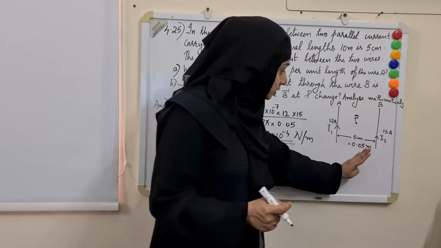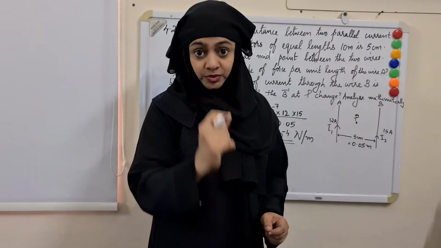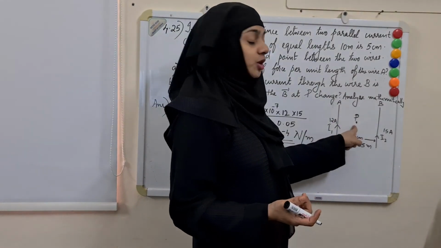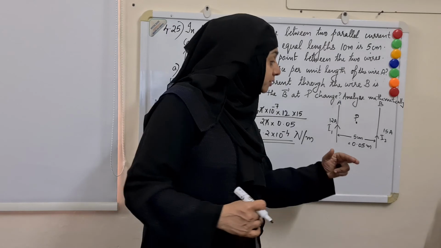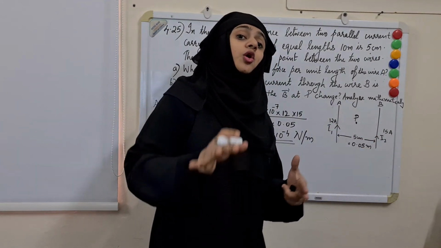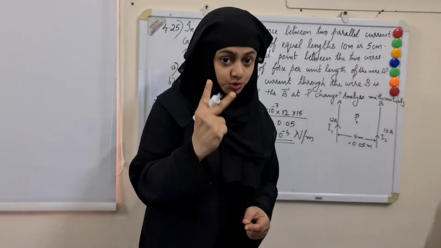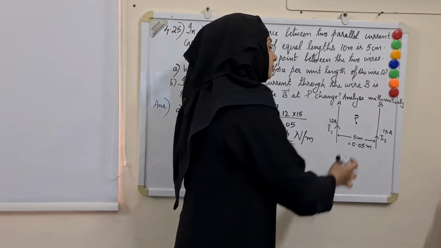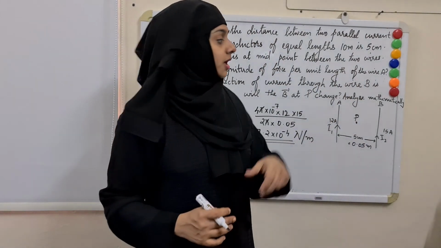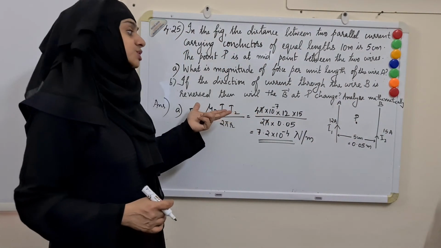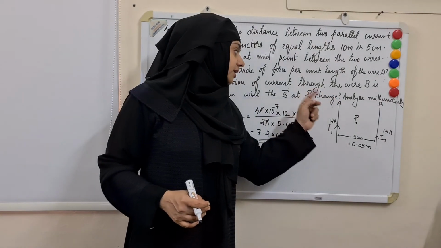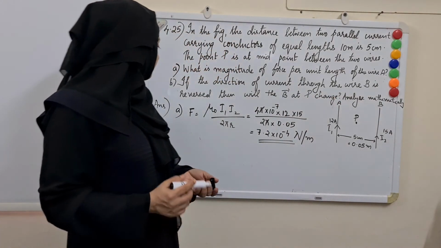So this should be case 1, and we have to find the resultant magnetic field at the point P. Then we will redraw this figure with the current through B in the opposite direction as case 2, and again determine the magnetic field at point P. Then we have to see what the change is in the magnetic field at point P.